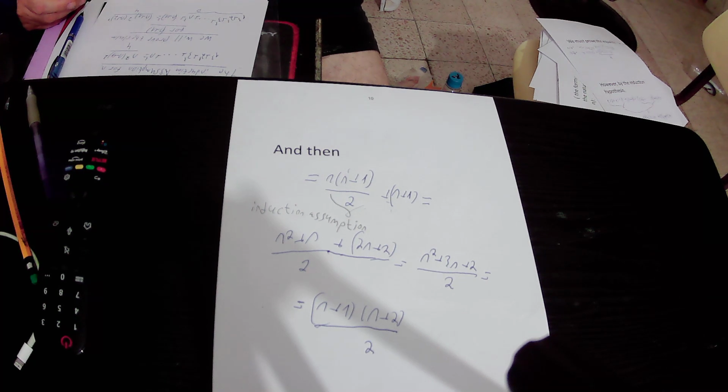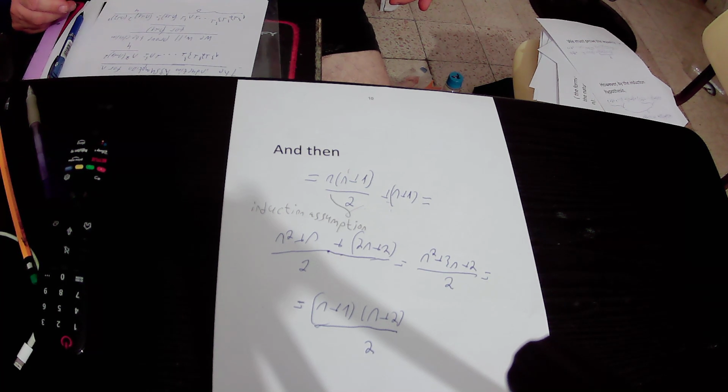So actually we assumed that 1 plus 2 plus up to n equals n times n plus 1 divided by 2. That was the assumption of the induction, and according to the assumption of the induction, we proved the claim for n plus 1.